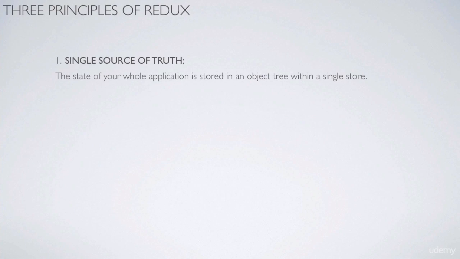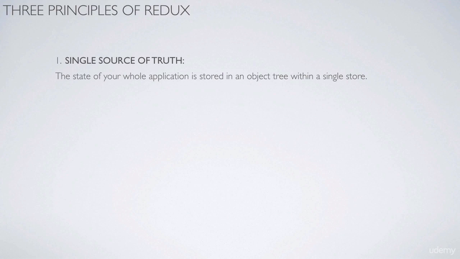Redux is based on 3 principles. The first one is that the state is the single source of truth. That means that all the different pieces of state must be stored inside one single state object.